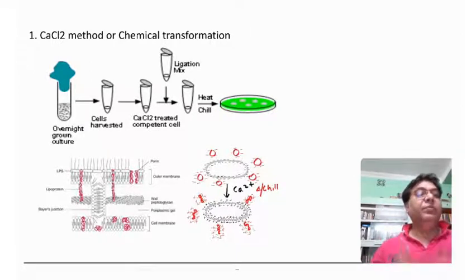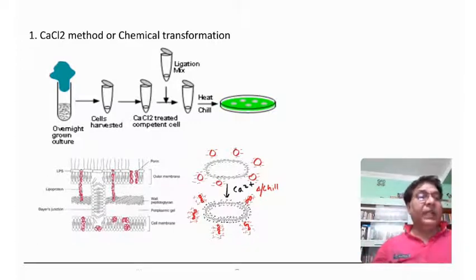Then this is followed by a heat shock. When you give a heat shock, what happens? The cells were in ice-cold calcium chloride and the membrane was completely stabilized. Now you are giving a temperature imbalance, because of which there is suddenly a destabilization of the lipid bilayer. It becomes a little bit fluid and the DNA is taken in.